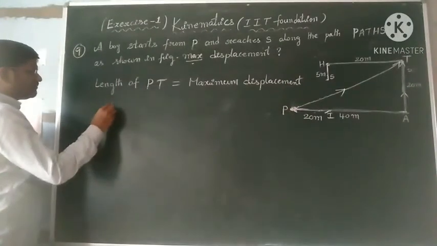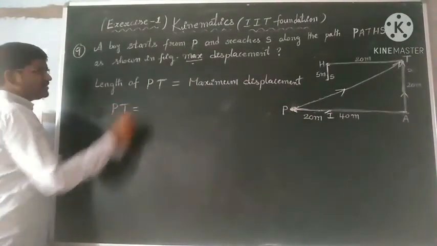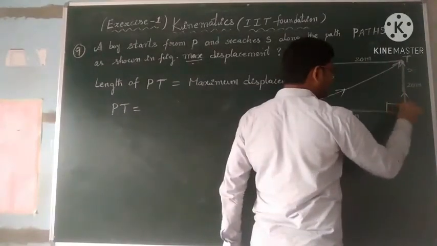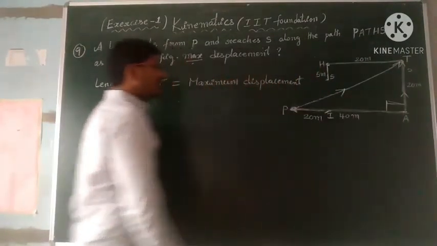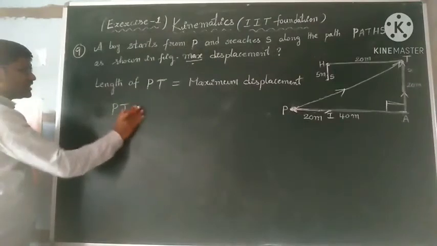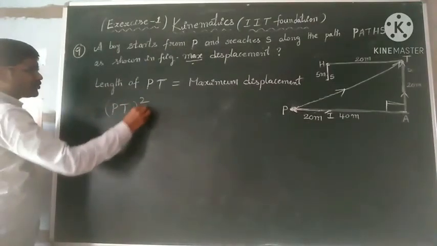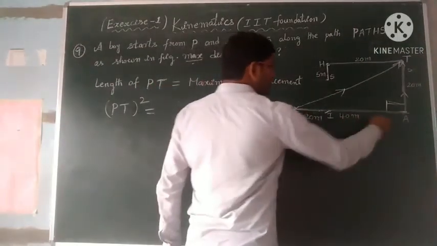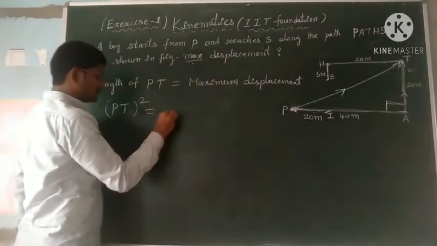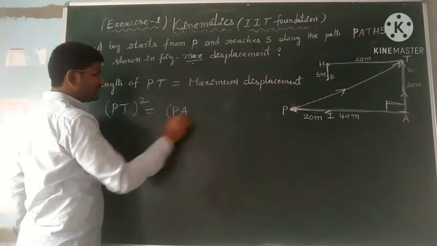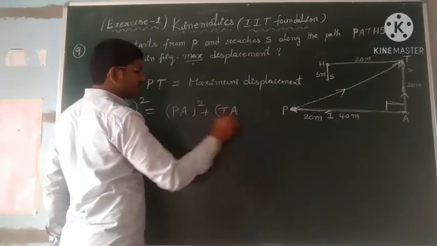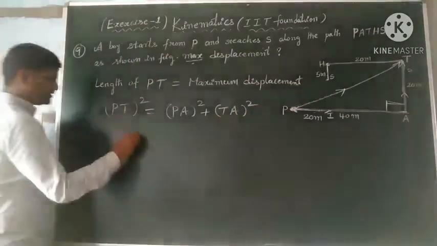So the length of PT we want to find. Again, this is the right angle triangle we have here. So PT square is equal to the longest side square, hypotenuse square, equal to side square plus side square. So we write PA square plus TA square.